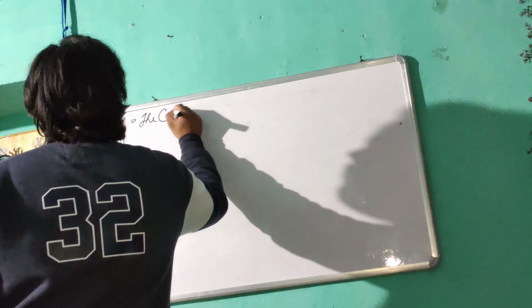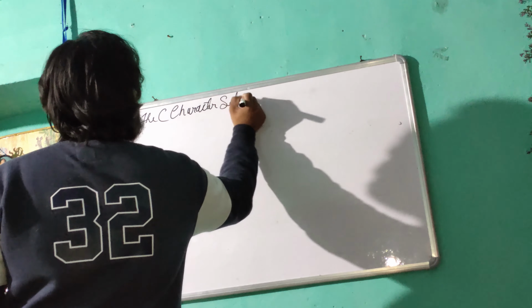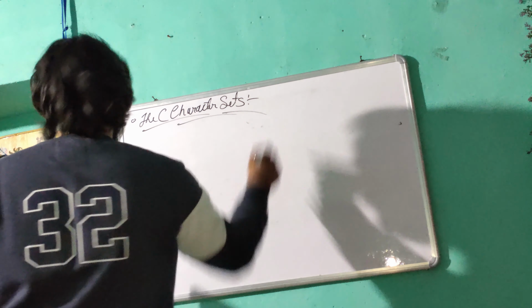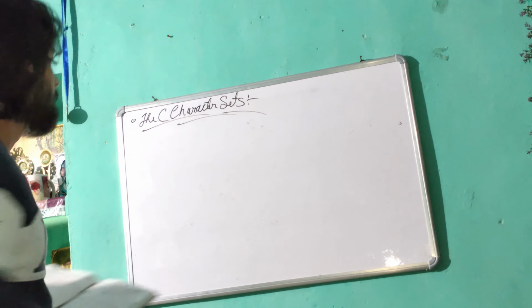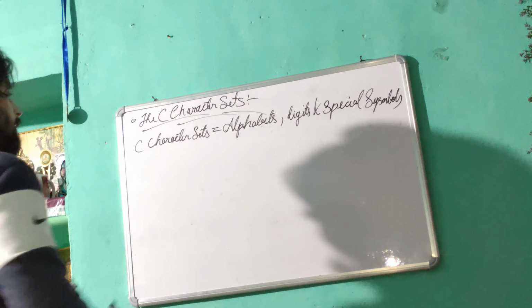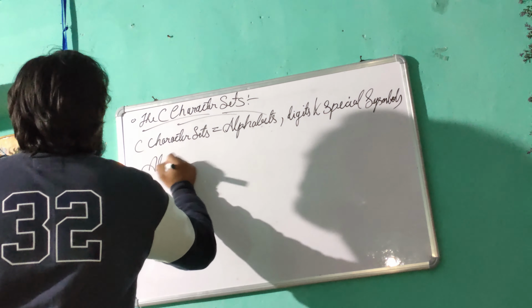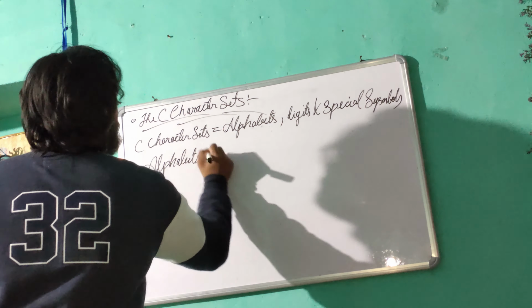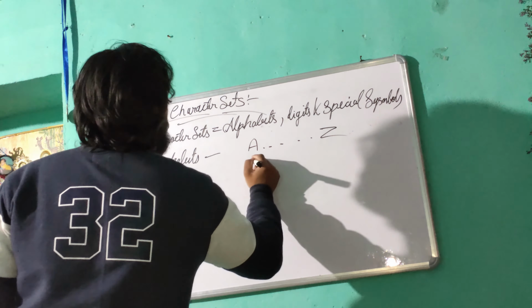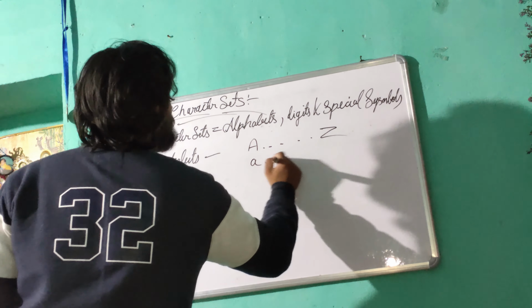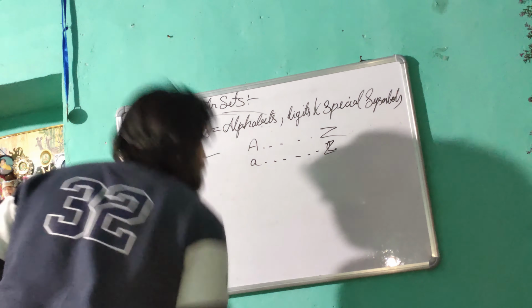The C character set consists of alphabets, digits, and special symbols. I'll be writing those three on the board. The alphabets are from capital letter A to capital letter Z, and lowercase a to lowercase z.